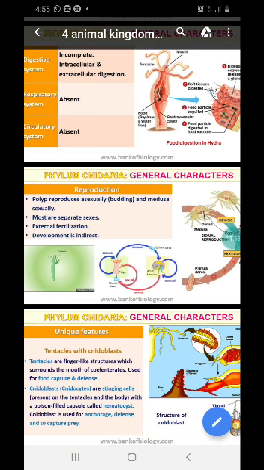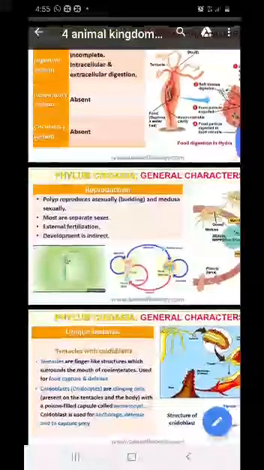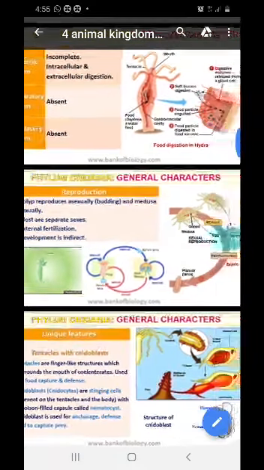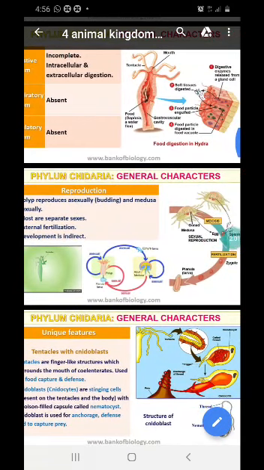One is the polyp stage. What is polyp, children? Polyp means the hydra, that is the cylindrical shaped body. The other is the medusa. Medusa means the umbrella like form, right? So hydra shows only one form, the polyp stage.